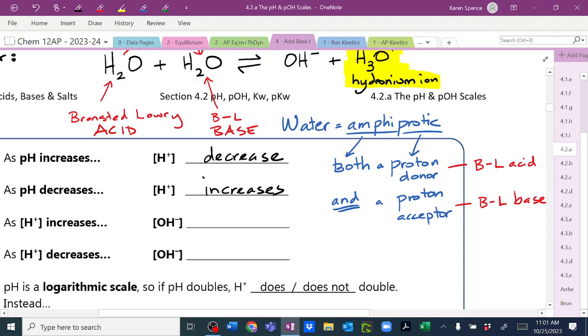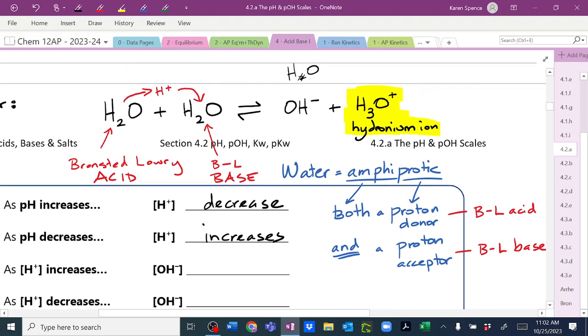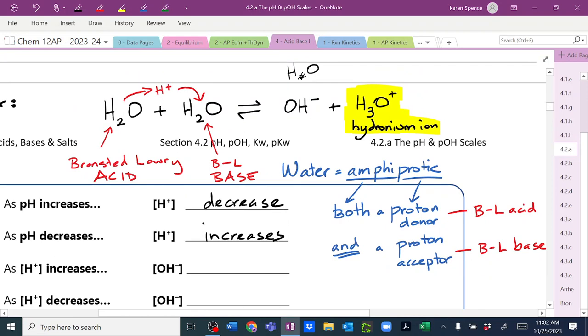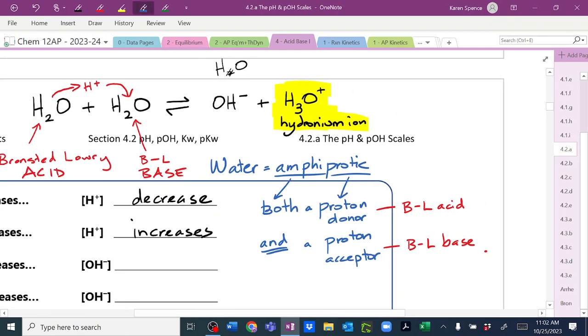This process that we've written up at the top of the page, this water plus water gives hydronium and hydroxide. This process is known as the autoionization.